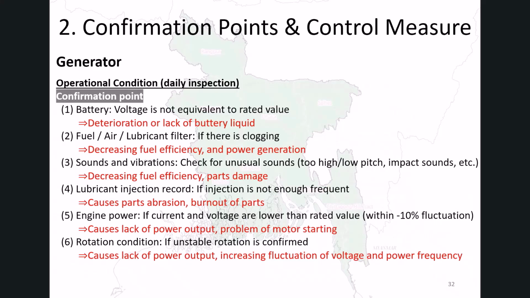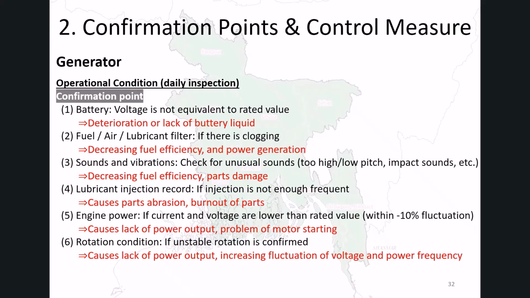Now, I would like to explain the confirmation points and control measures for the daily inspection of generators. This slide introduces 6 important items that should be checked every day to ensure safe and stable generator operation. First, battery voltage.